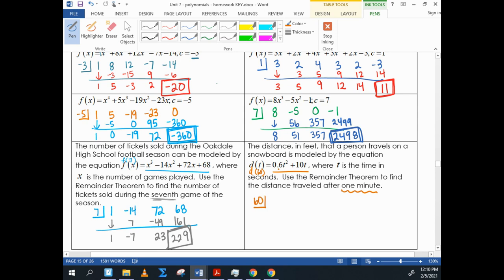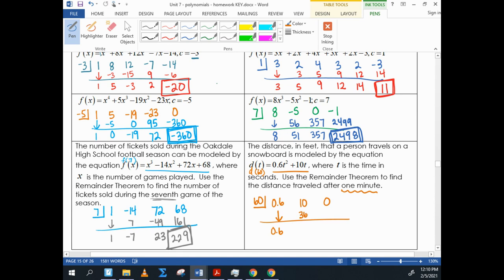Okay, let's just go ahead and put down our coefficients. We've got a 0.6, we've got a 10, and don't forget your missing term. We have 0, t to the 0 power. All right, so that 0.6 drops straight down, and grab a calculator. 0.6 times 60 is 36.